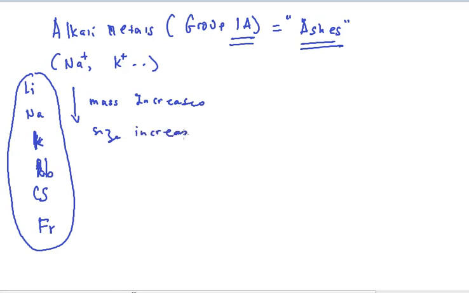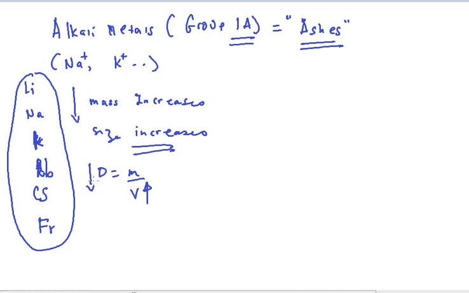If size increases, it's obvious that the density is going to decrease, because density is basically mass over volume. If you have a large volume or a large size, the value of density will decrease.